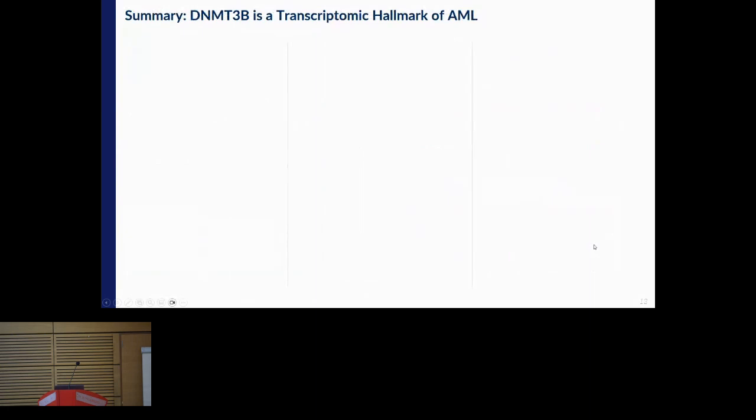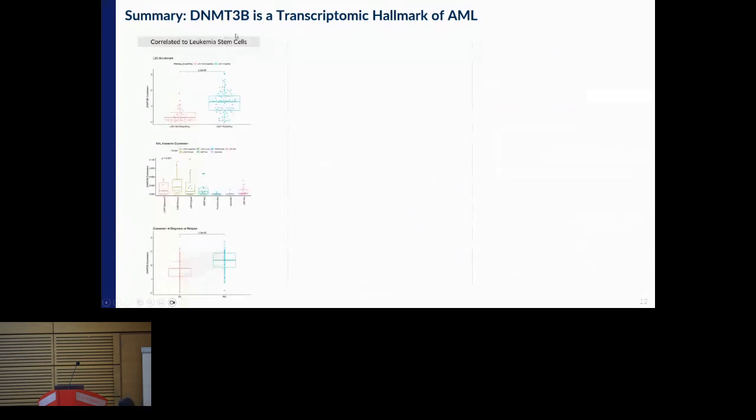To summarize all of the types of analysis that our pipeline was able to give us on just that one gene that we were interested in, we were able to quickly determine that DNMT3B, our gene of interest, was correlated with leukemia stem cells in patients that had a primitive AML hierarchy.